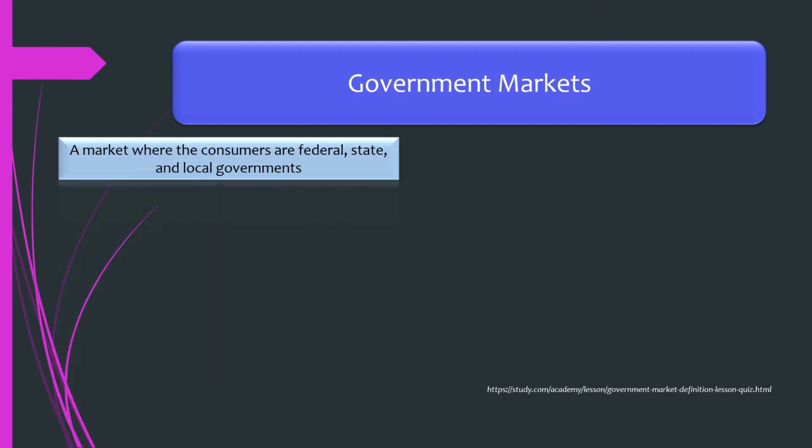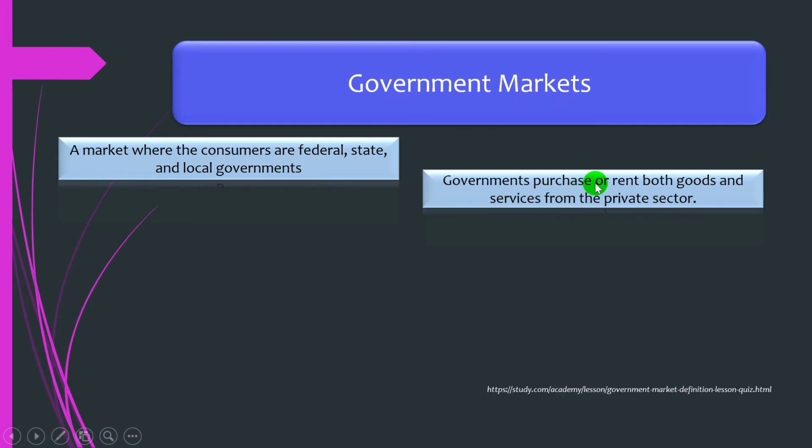Okay, so let's see. A market where the consumers are federal, state, and local governments. Well, of course, when we talk about the government, it means that the consumers of our products come from the federal, state, or local governments. The government will purchase or rent both goods and services from the private sector.